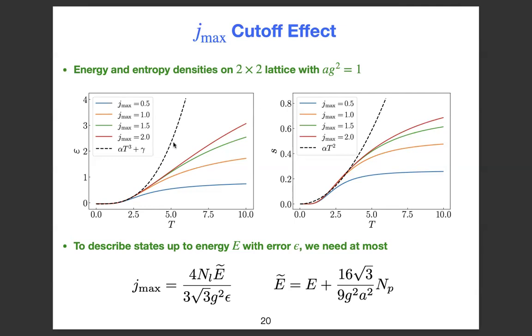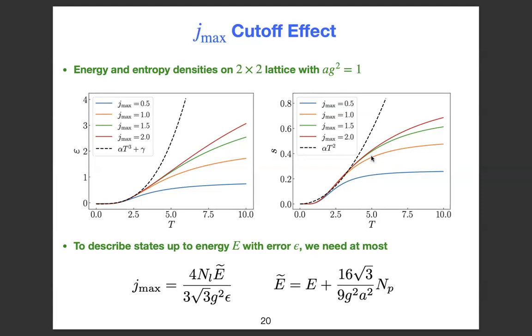And the different colors just correspond to different J_max cutoffs here. And we can see from this plot, for example, when T equals 5, J_max equals 1.5 is enough for the convergence of the energy density. We see little change from the green curve to the red curve here. And similarly for the entropy density.